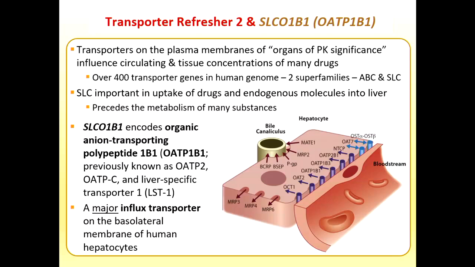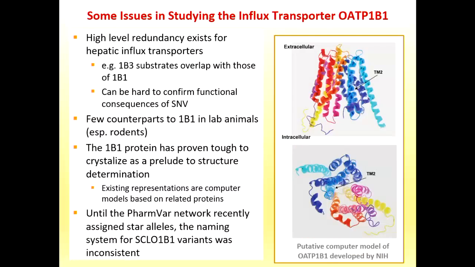But often it's not as obvious with other types of drugs, even if they are substrates for that transporter, because other pathways can facilitate uptake. Okay, so there is high level redundancy between 1B3 and 1B1, so lacking 1B1 often doesn't have much functional impact for many drugs because 1B3 just does the job.